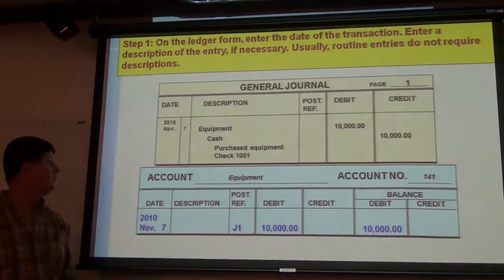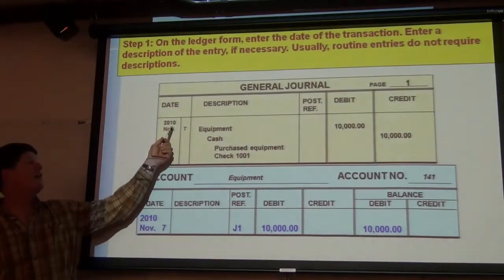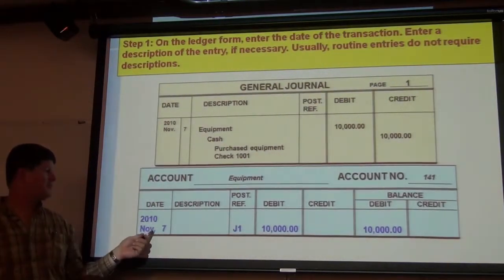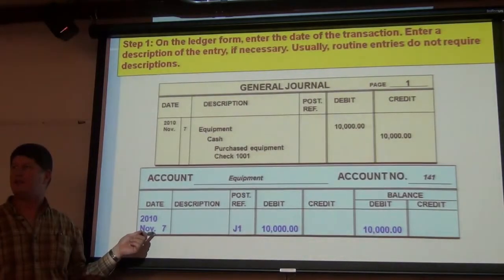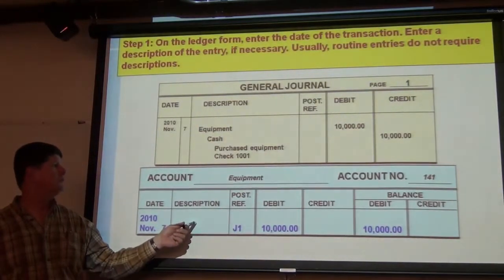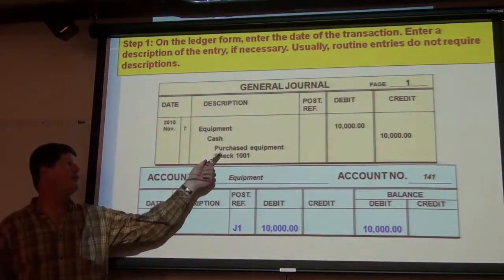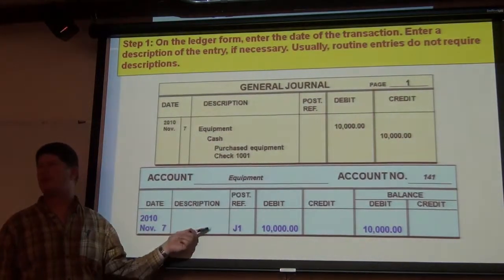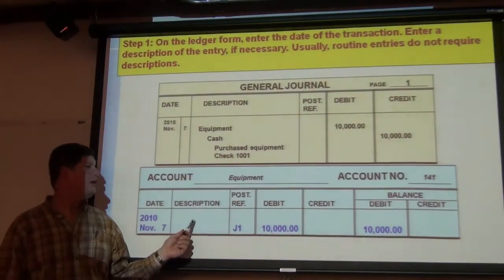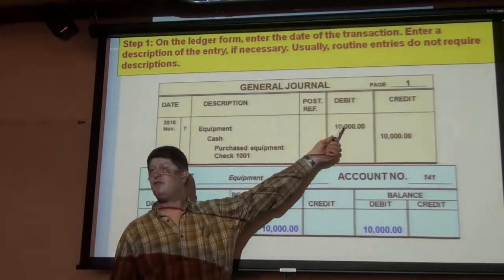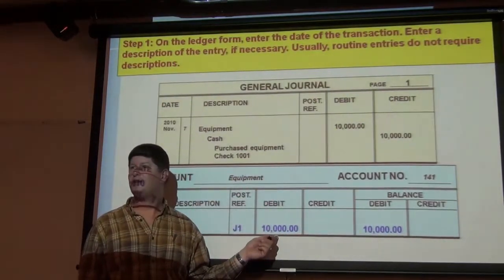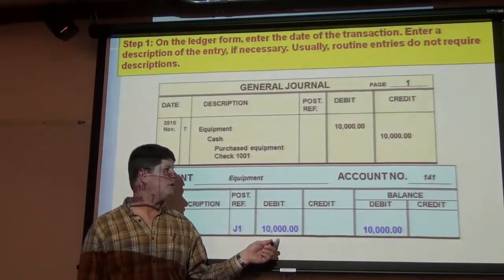Nothing up my sleeves. Okay, notice I have a date here. The date comes down and gets repeated in the date field. Description. There isn't one here. I like bringing down purchased equipment or something, to tie it together. We debited for $10,000. I'm going to debit for $10,000. That's my transaction.